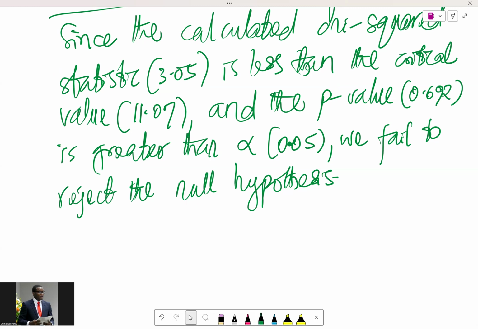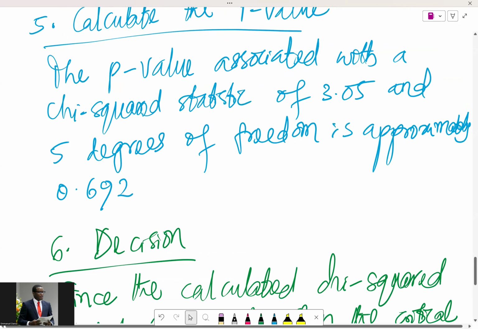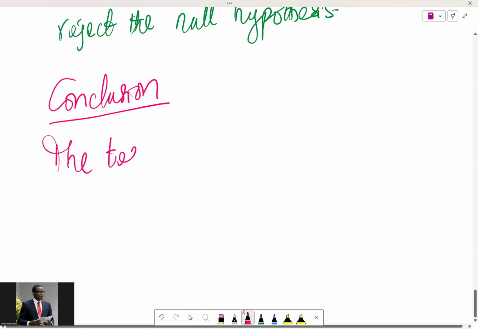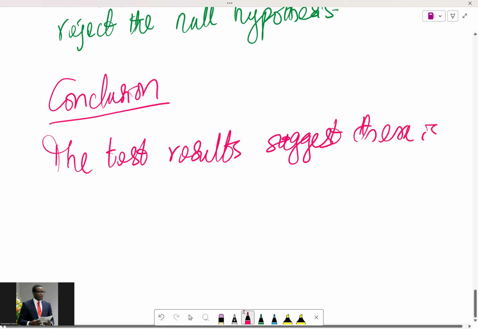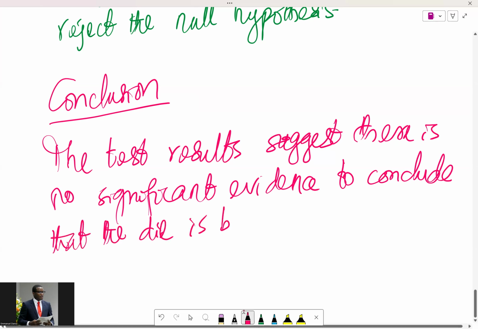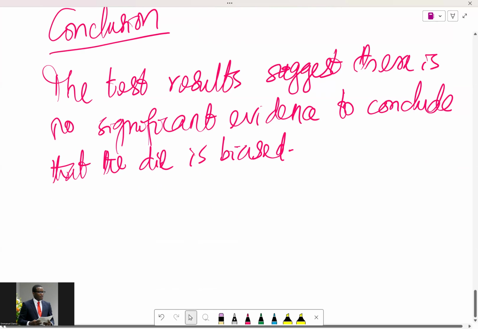All right. So in conclusion, the test results suggest there is no significant difference. There's no significant evidence to conclude that the die is biased.